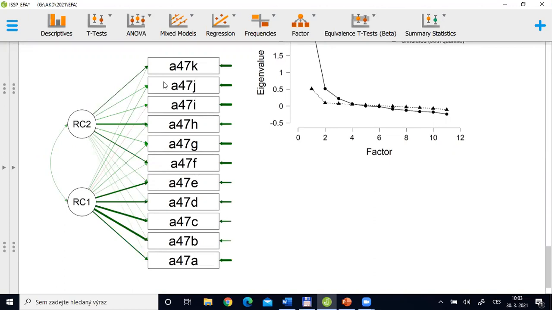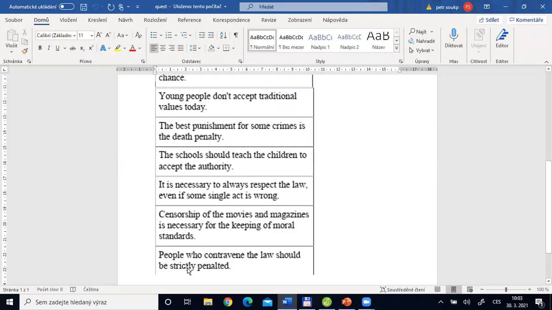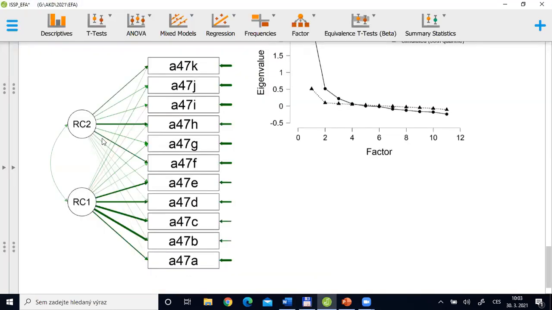And the last one, A47K, people who contravene the law should be strictly penalized. So it seems that only these 3 items are somehow closely related and the rest doesn't work at all in my solution. So maybe there is a space to omit these 3 items, A47G, A47I, and A47J from my solution. So that's the first recommendation from this analysis.